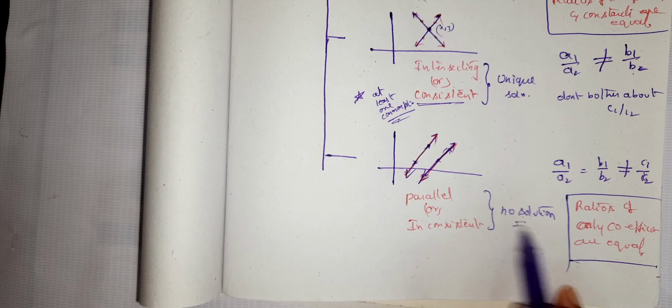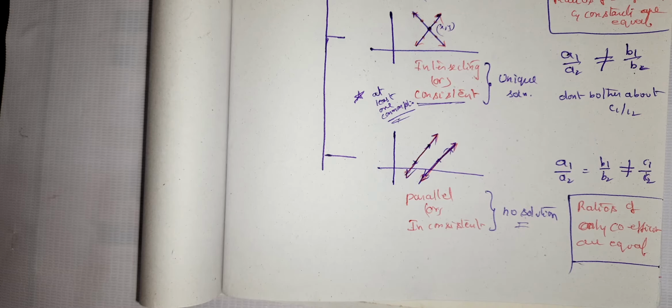Therefore, we call it the no solution condition. That means parallel or inconsistent. They do not have a common solution or a common point, so we call it inconsistent. And all inconsistent pairs of lines are parallel.